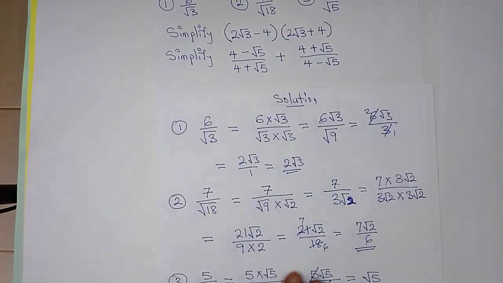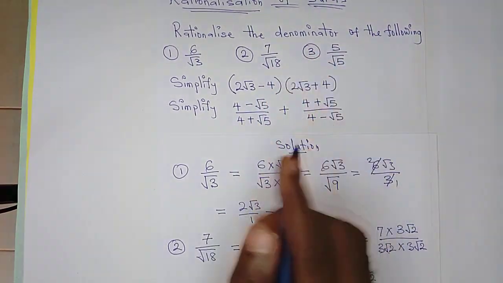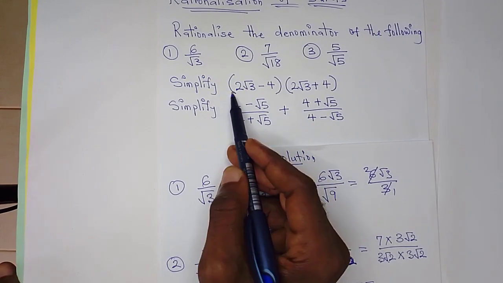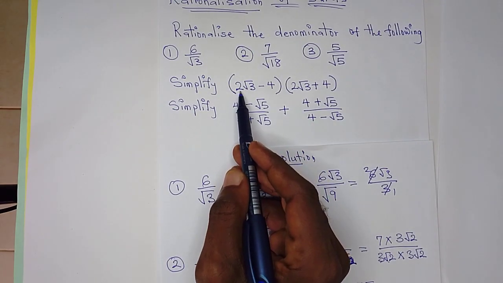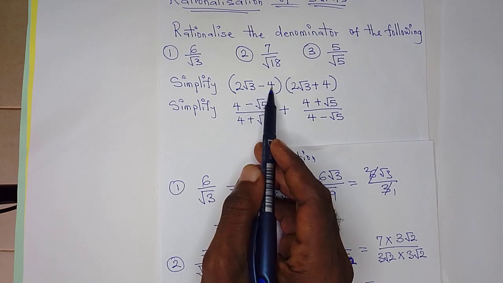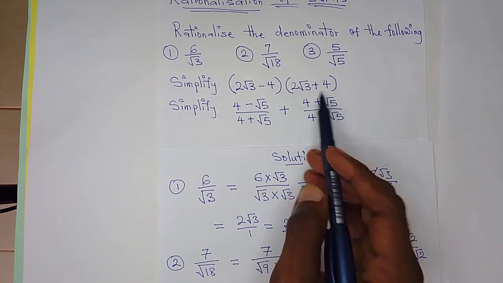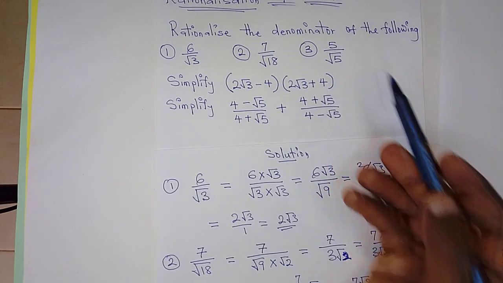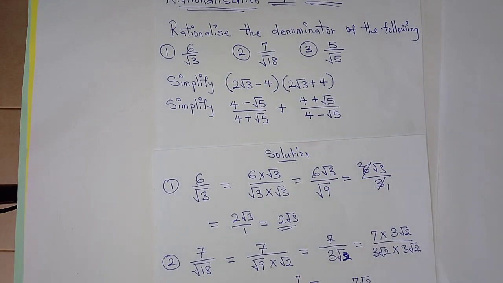Okay. Now take a look at this question. Simplify, open bracket, 2 root 3 minus 4, close bracket, open bracket, 2 root 3 plus 4. So simplify that.